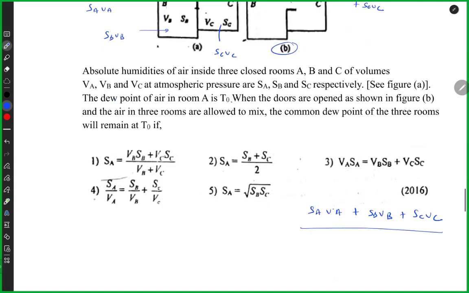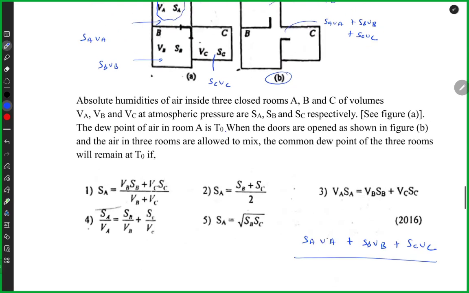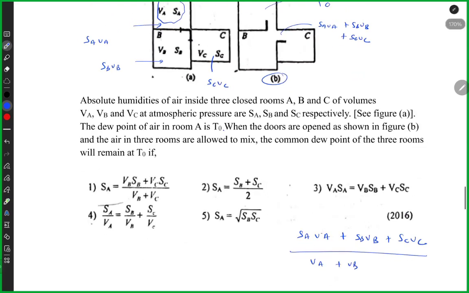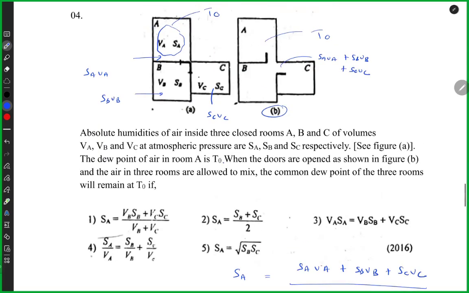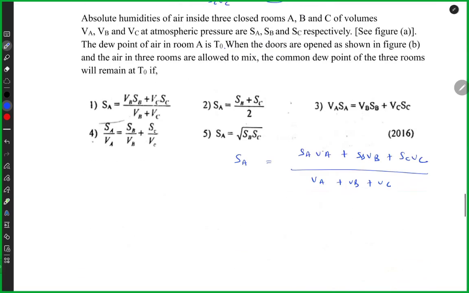That's the total mass, right? You divide this by the total volume, which is VA plus VB plus VC. That should be equal to ρA, the water vapor density in room A. So you can multiply and get ρA VA plus ρA VB plus ρA VC equals ρA VA plus ρB VB plus ρC VC. So this cancels off. So you can see ρA, I can take out VB plus VC, VB plus VC is equal to what?